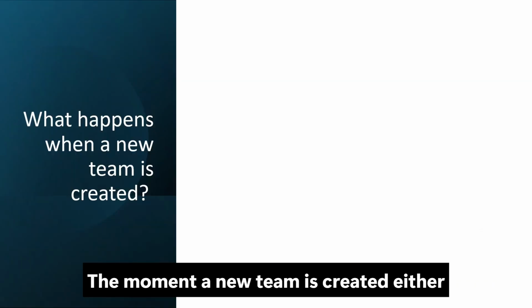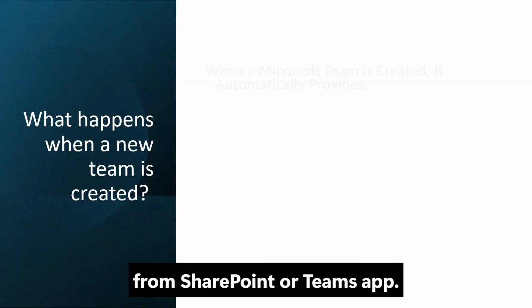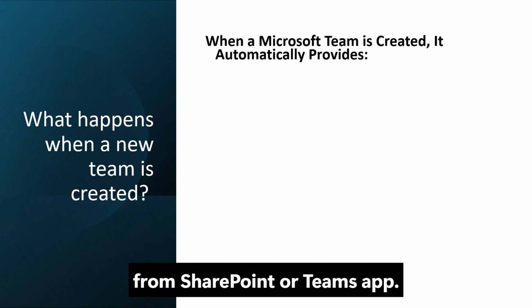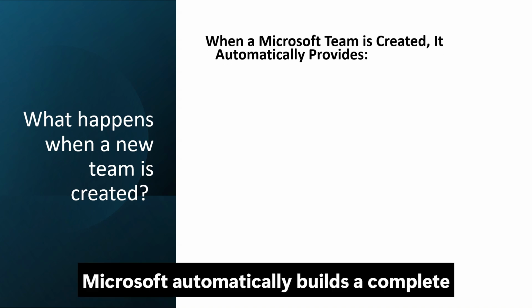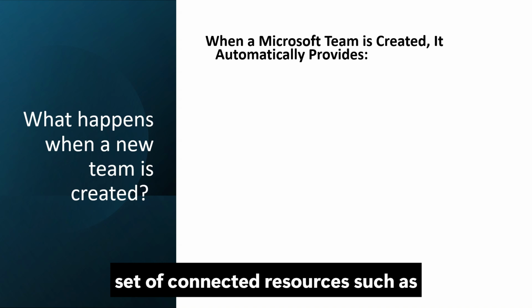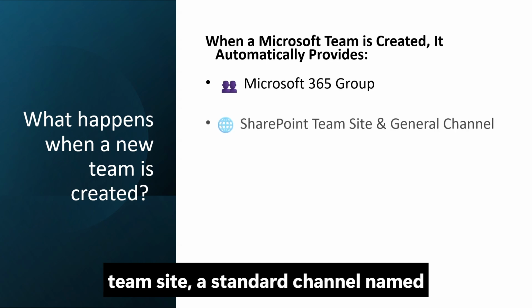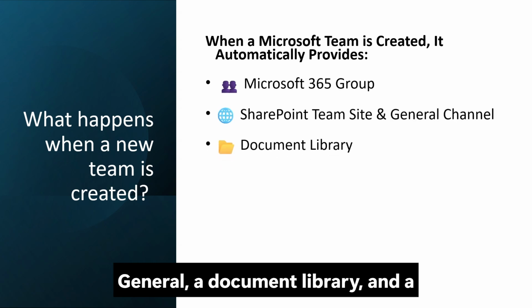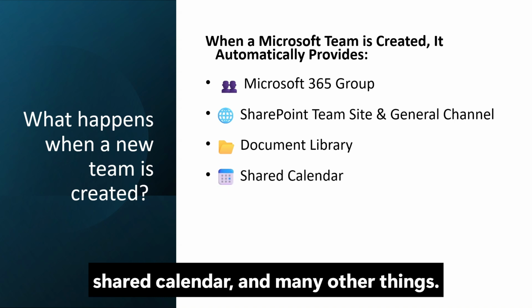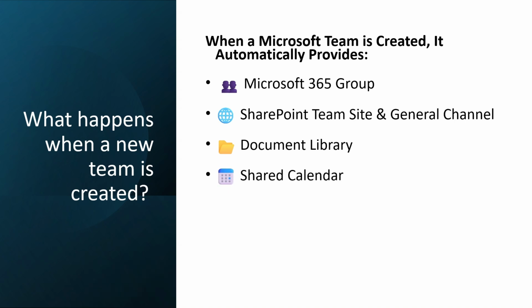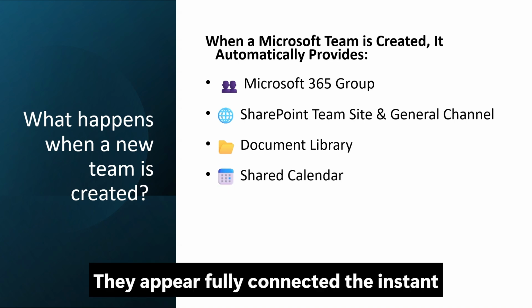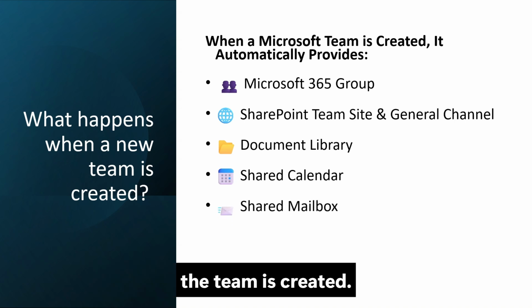The moment a new team is created, either from SharePoint or the Teams app, Microsoft automatically builds a complete set of connected resources, such as a Microsoft 365 Group, a SharePoint team site, a standard channel named General, a document library, a shared calendar, and many other things. They appear fully connected the instant the team is created.